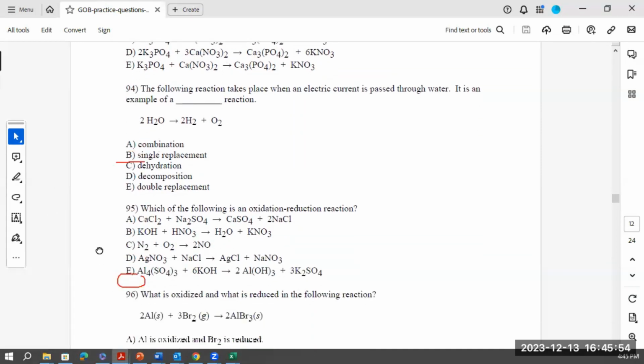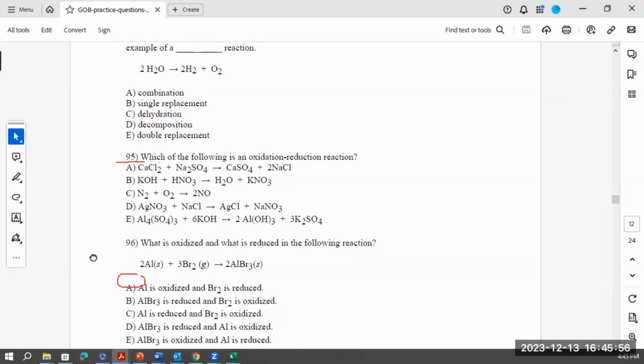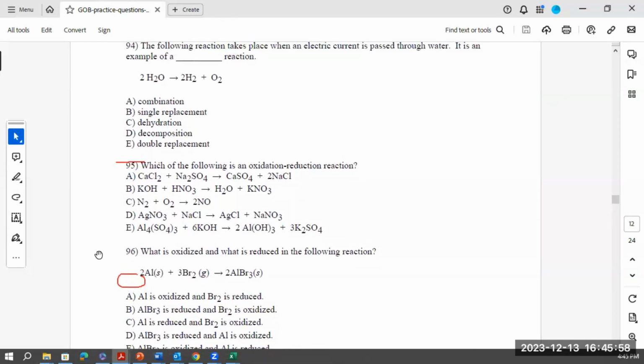Okay, redox. So which of the following is an oxidation reduction reaction? Do you guys agree? Anybody disagree?